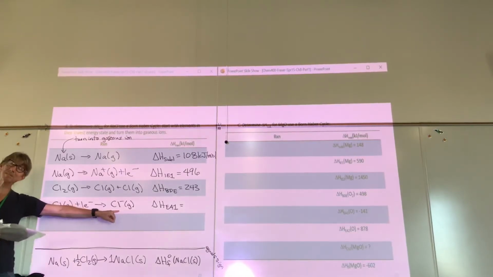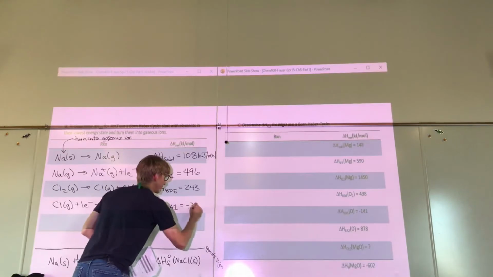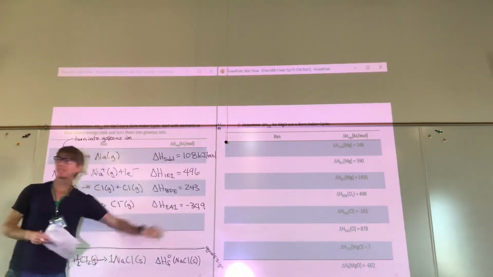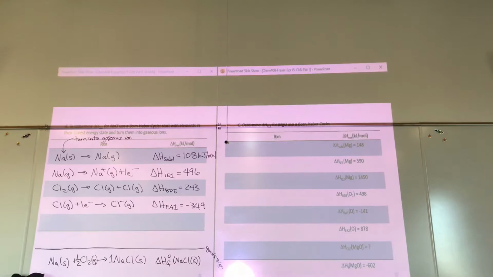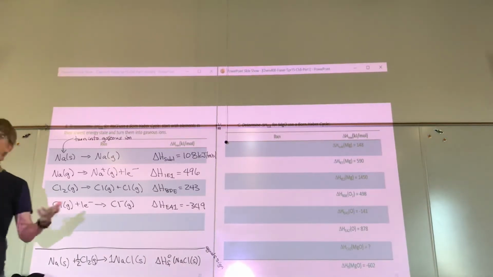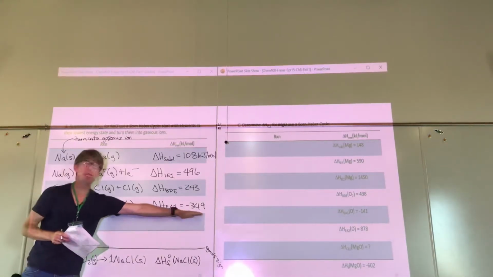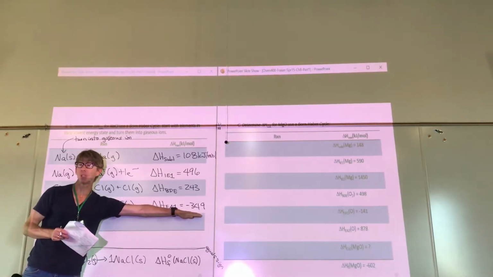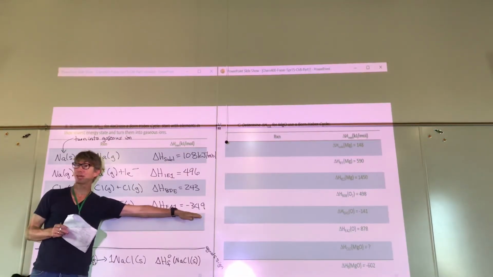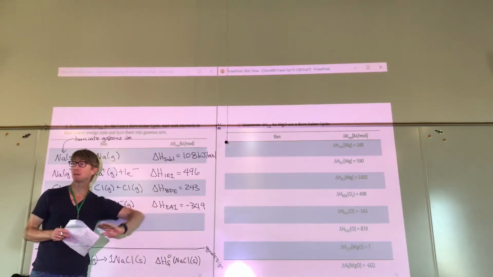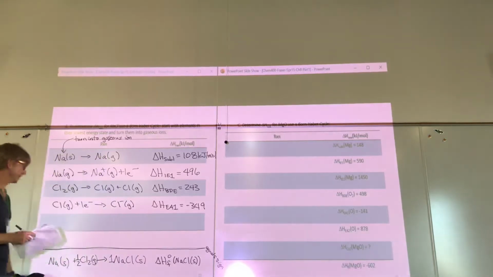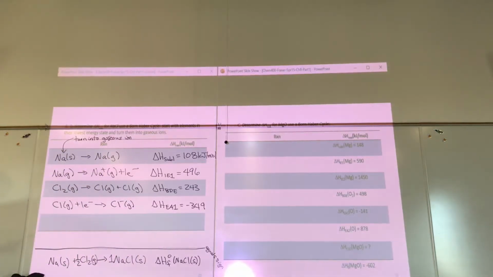And so perhaps it is not surprising that that is an exothermic process, because we know that noble gas cores of electrons are particularly stable, and forming them lowers the energy. I wouldn't say we necessarily know how to predict this. It's more complicated, but perhaps we're not too surprised. And you don't have to remember any trends in electron affinity.